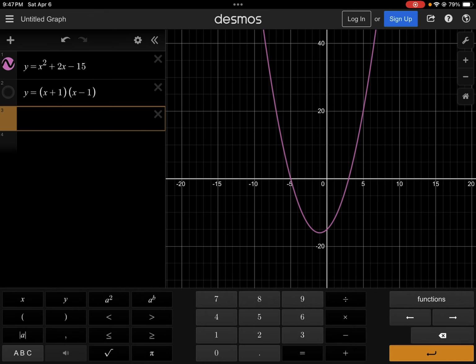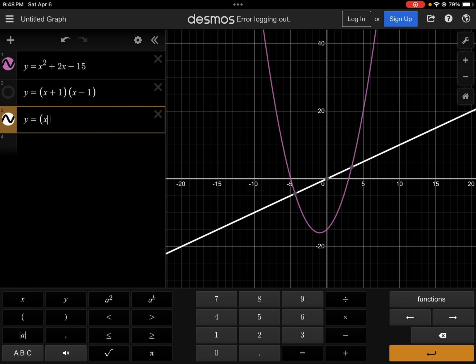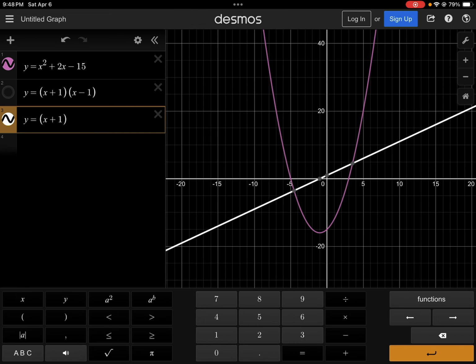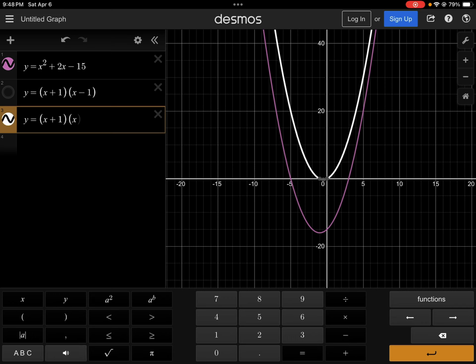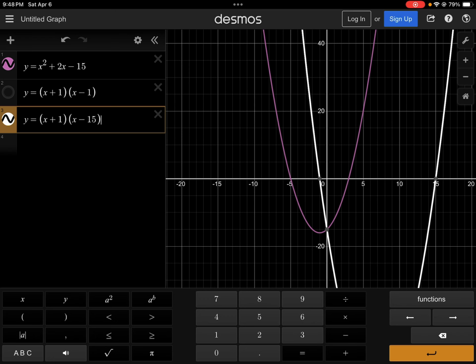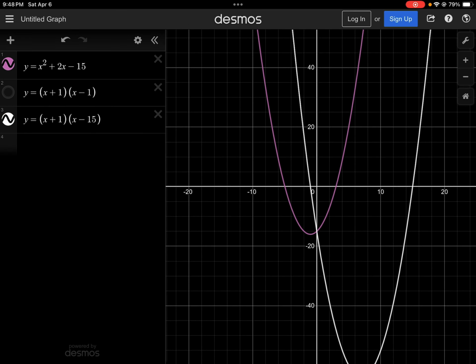On to the second one, y equals x plus 1 and then x minus 15. Wow, that's way off. So that's not it.